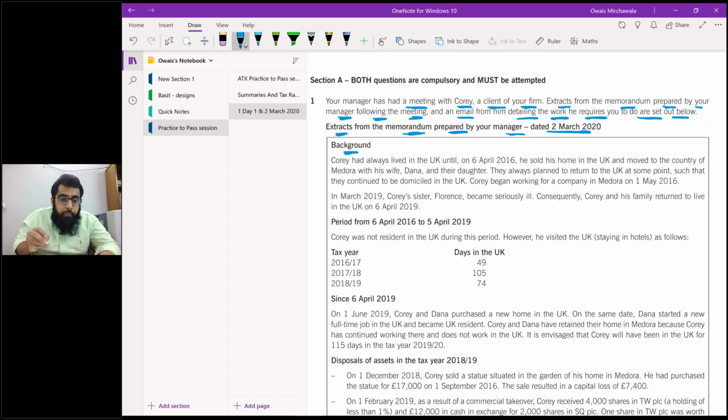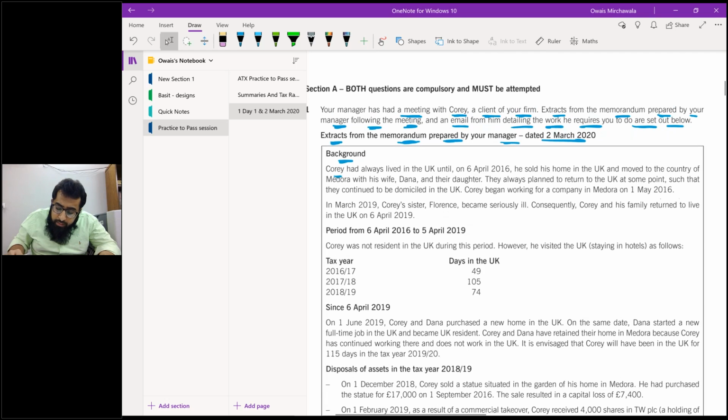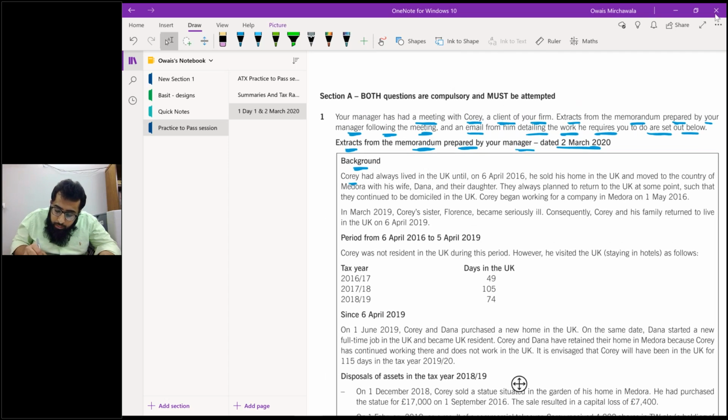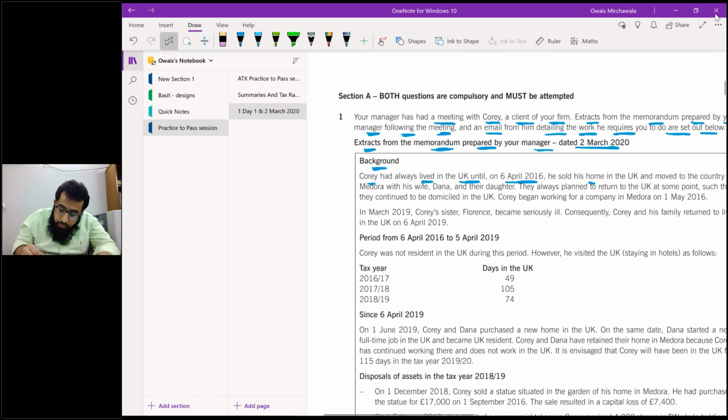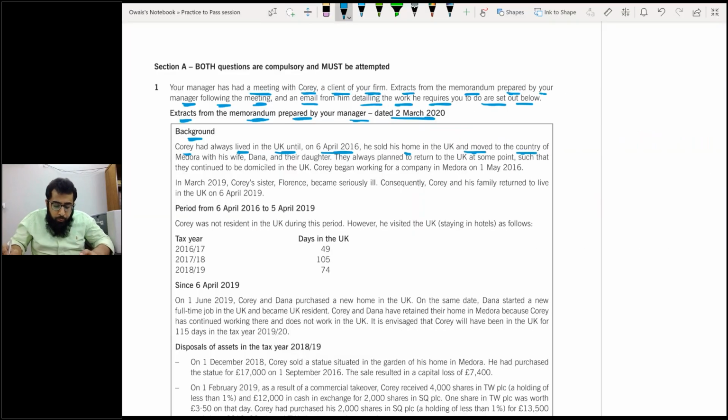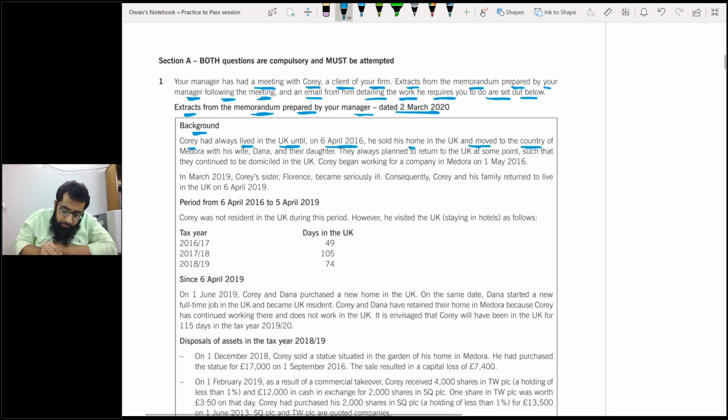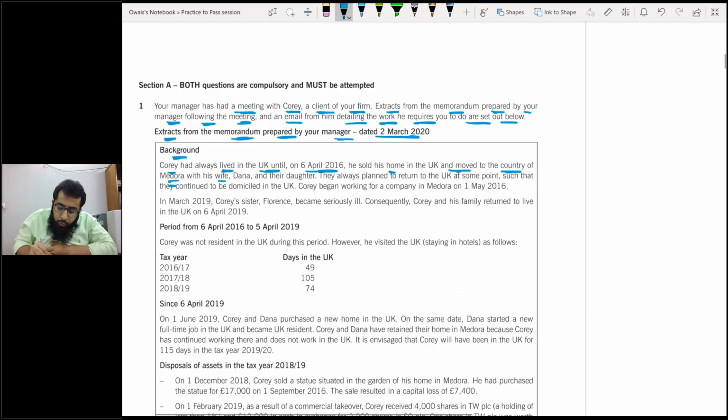Background. Corey had always lived in the UK until 6th April 2016. He sold his home in the UK and moved to the country of Medora with his wife, Dana, and their daughter.